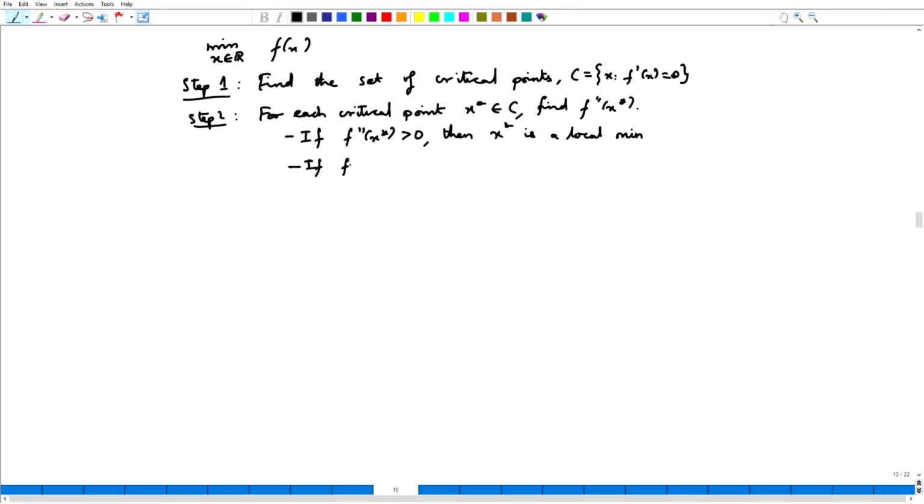If f double dash of x star is less than 0, then x star is a local max, and if f double dash of x star is equal to 0, then further probing is needed.